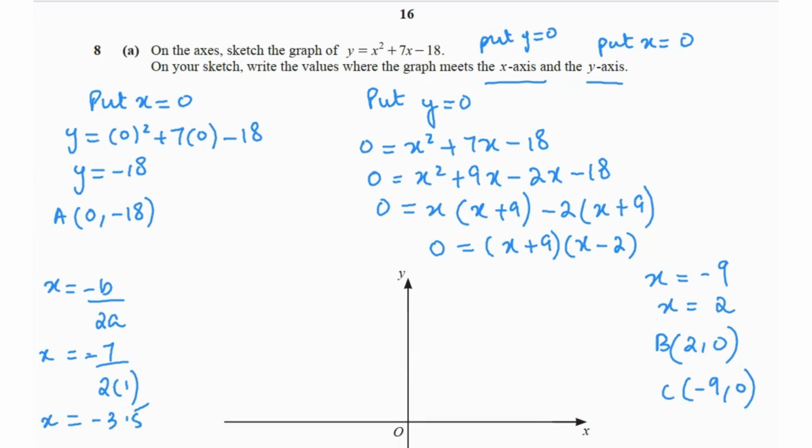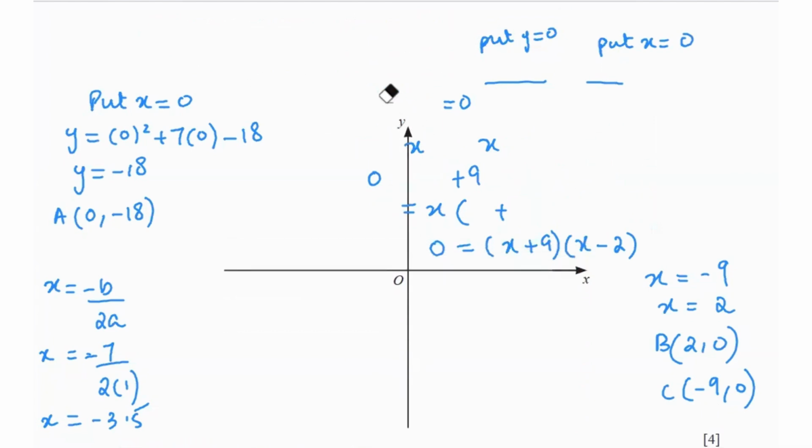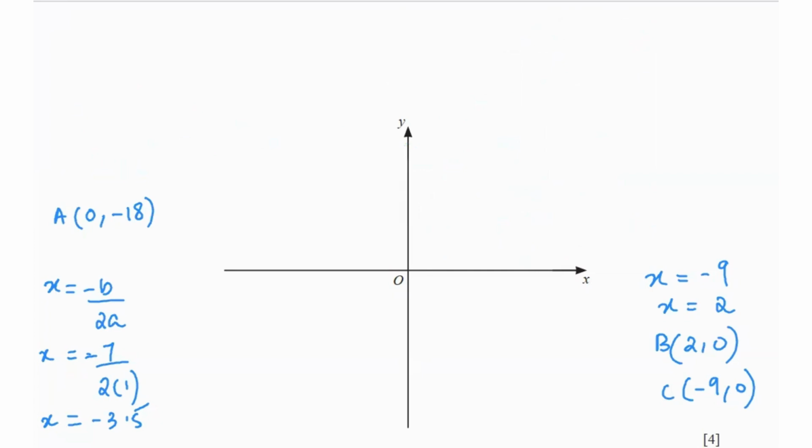So what we're going to do over here is I'm going to sketch these now. So scroll down, remove this extra working. (0, negative 18), so let's say that's over here. Negative 9, let's call that over here.